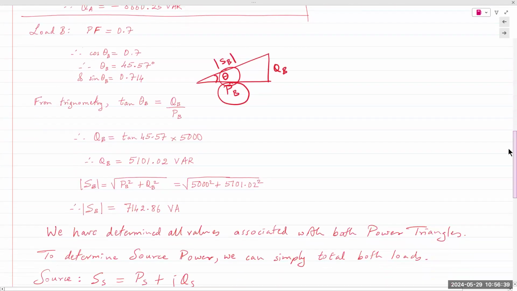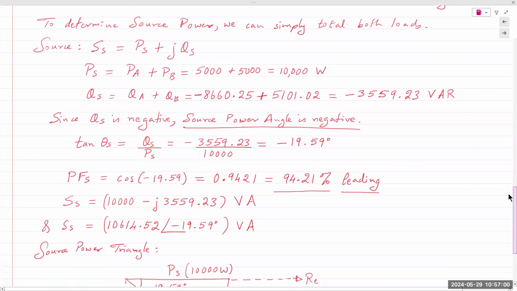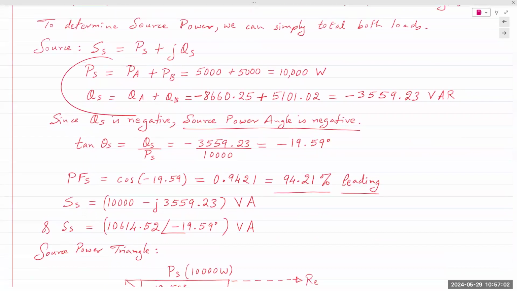Then once we have Q and we have P, we can find magnitude of S for element B. Pythagoras theorem, the hypotenuse of a right angle triangle. And that's it. You have 3 quantities for both A and B. You add it all up together. And this goes back to the point I made.